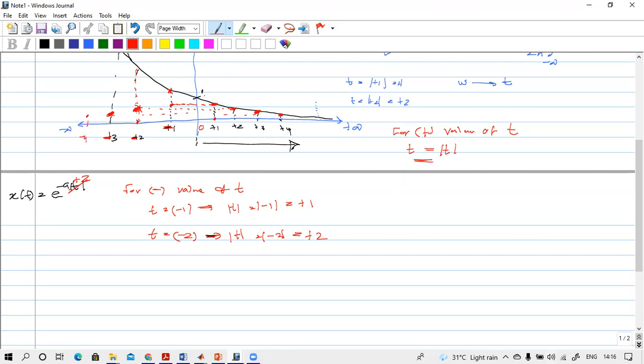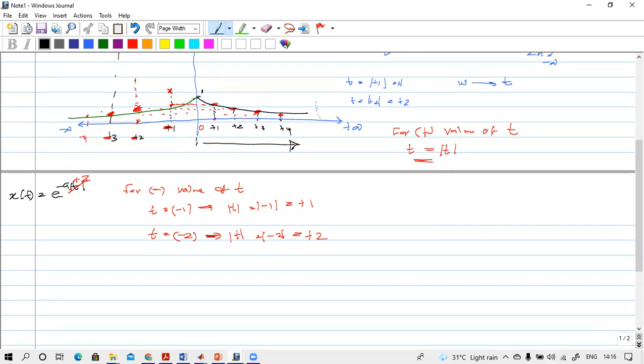At 0 it is the same, and you will get this kind of graph, this kind of function, not this.